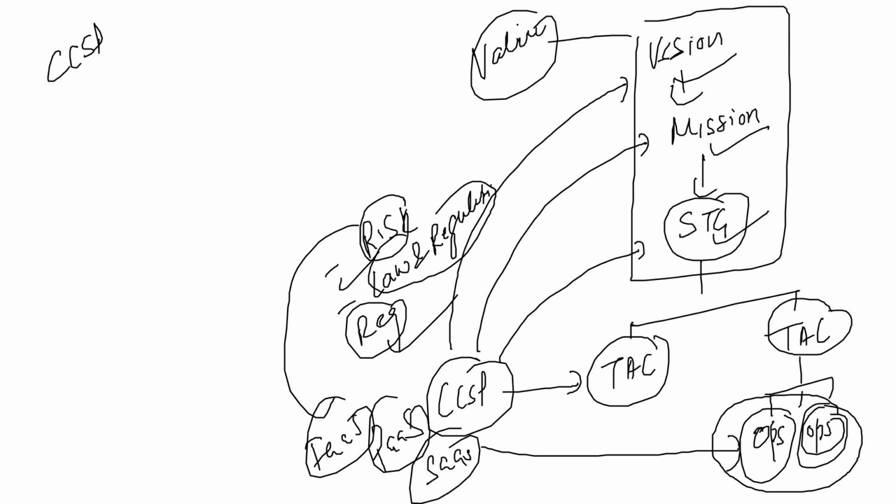Because the CCSP role has two perspectives. The first perspective is customer centric, and the second is provider centric. Maybe you are a CCSP certification holder and you are working at AWS or Azure. So you have to understand how you are going to build a data center.